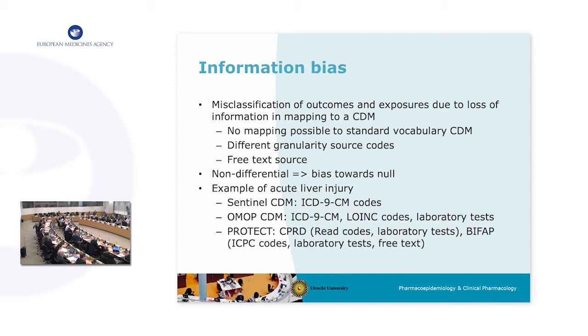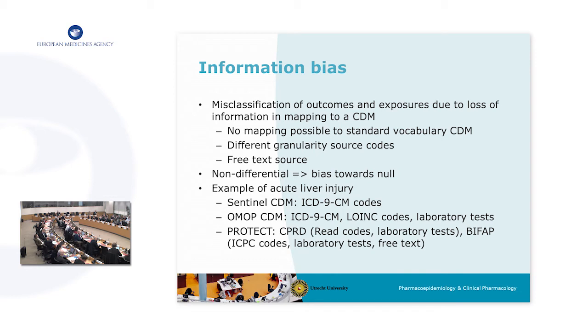Anyway, regardless of the cause of this information loss, I think it may lead to bias, and probably this will be non-differential, meaning that, for instance, misclassification of outcomes is probably independent of exposures, or vice versa, and this would lead to an underestimation of our relative risk. So in terms of detection of adverse effects, we might have less accuracy in detecting these.